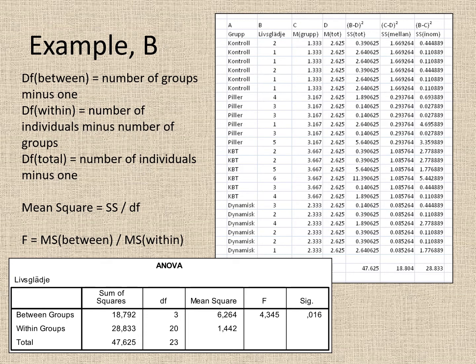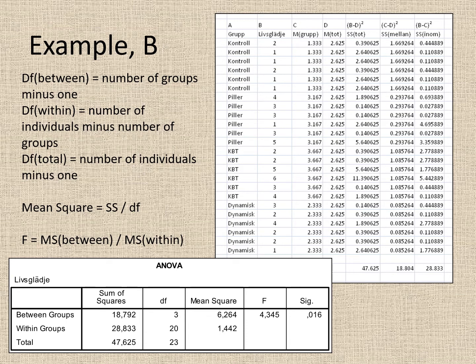So in this case, it calculates, with 3 and 20 degrees of freedom, how much of the F distribution is above the value 4.3. Well, that proportion of the F distribution that is above 4.3 is 1.6%.